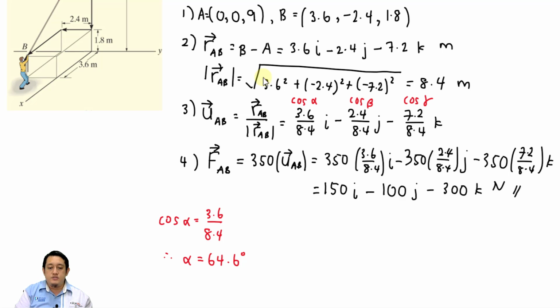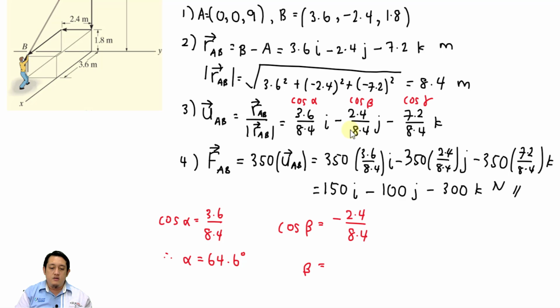Cosine beta is equal to negative 2.4 over 8.4. This one you need to be careful. If the value of cosine beta here is negative, make sure you use negative also. Compulsory.